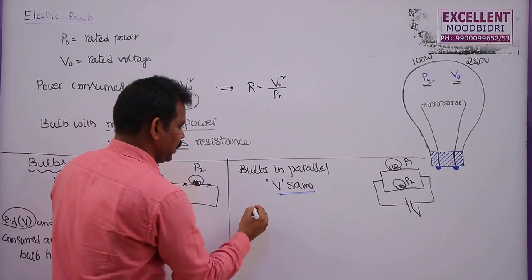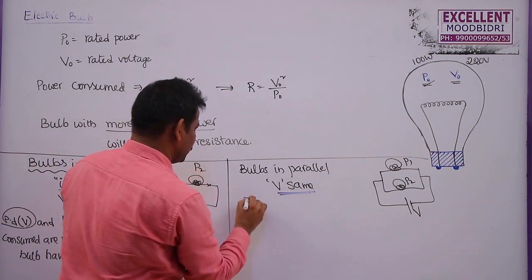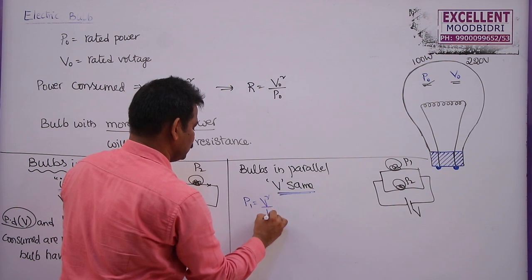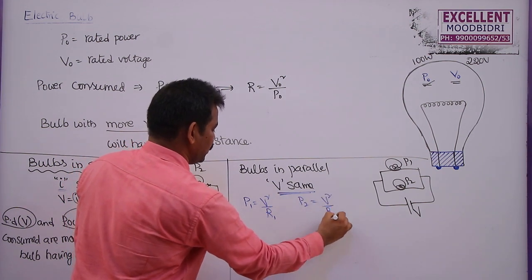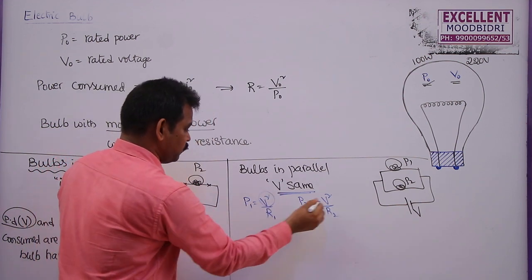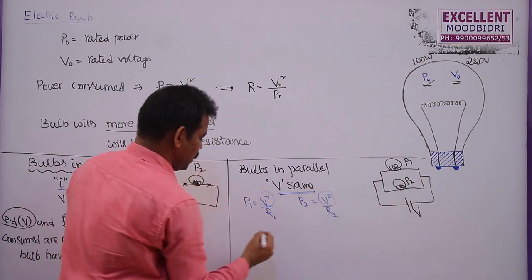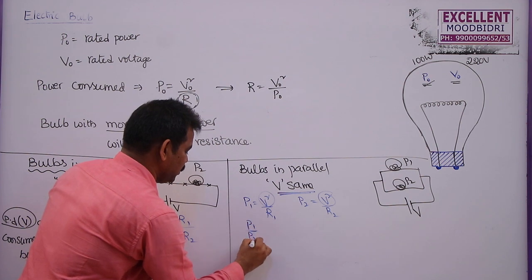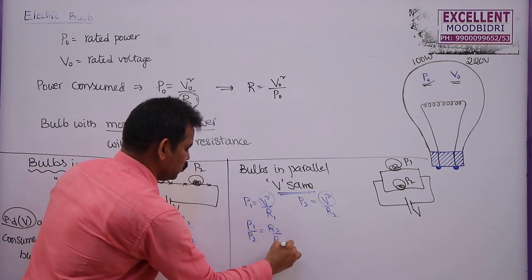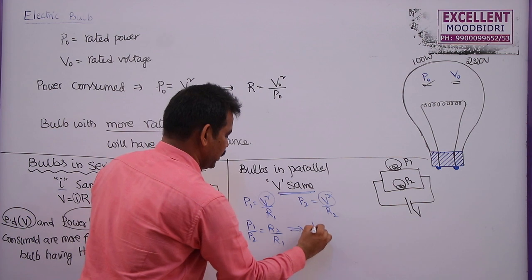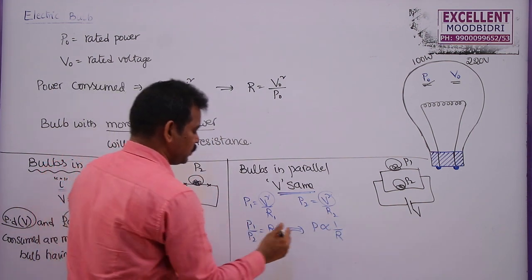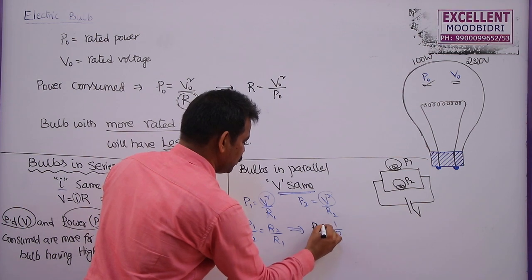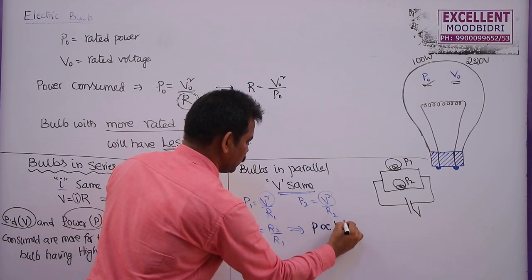From this we can write the power consumed by the first bulb, P1 is equal to V square by R1, and P2 is equal to V square by R2. As V is same for both bulbs, P1 by P2 is equal to R2 by R1. So from this we can write P is inversely proportional to R.